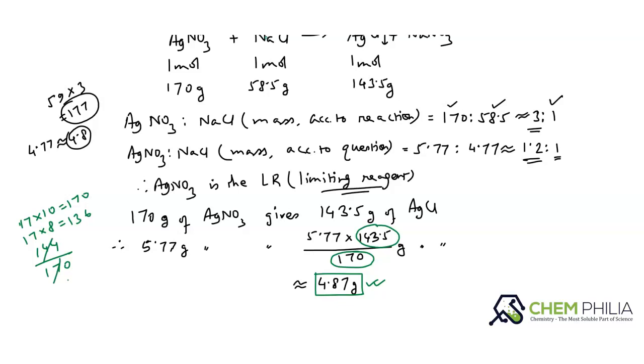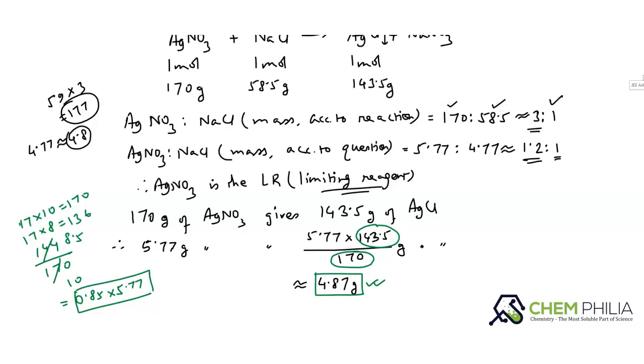So it's almost 8.5 upon 10, because 17 into 8 is 136 and here the number is 144. So we can almost take 8.5 by 10, which means 0.85, and this will be multiplied by 5.77. So quite obviously, the answer will be a bit less than 5.77. Clear? So in that way we can get the answer.